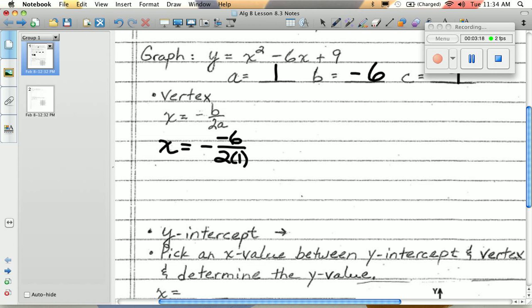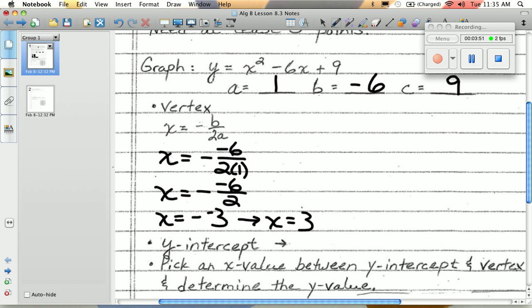Okay. So x equals negative -6 over 2. So x equals negative, what does this become? Over 1. Negative, what's -6 divided by 2? -3. So notice I just keep dragging that negative sign along that's in front. And then what does that become? x equals 3.